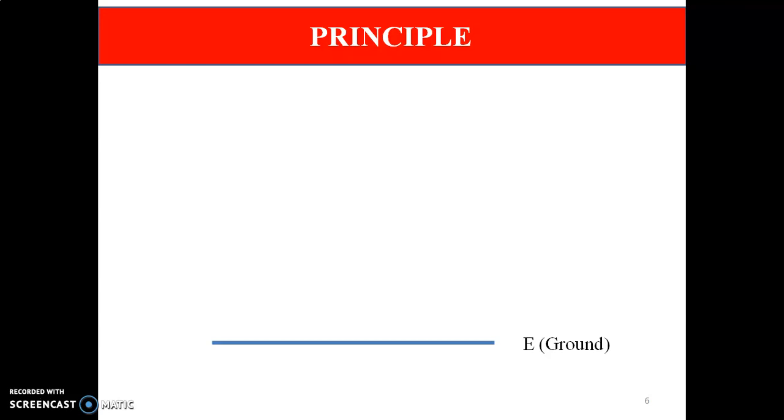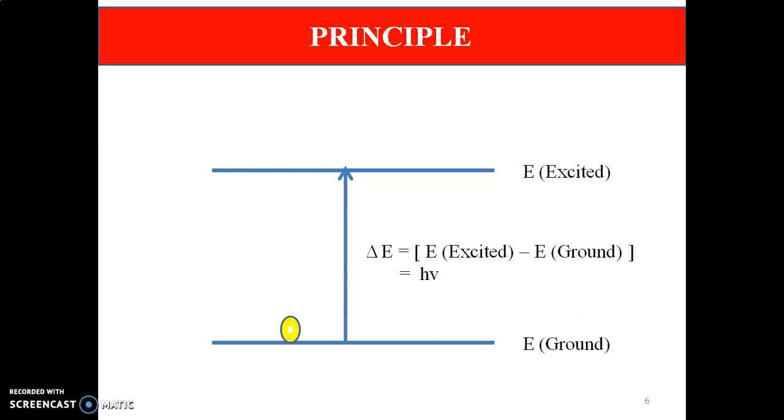This causes them to jump from a ground state energy level to an excited state energy level. A small amount of energy is associated with the ground state, whereas a large amount of energy is associated with the excited state.